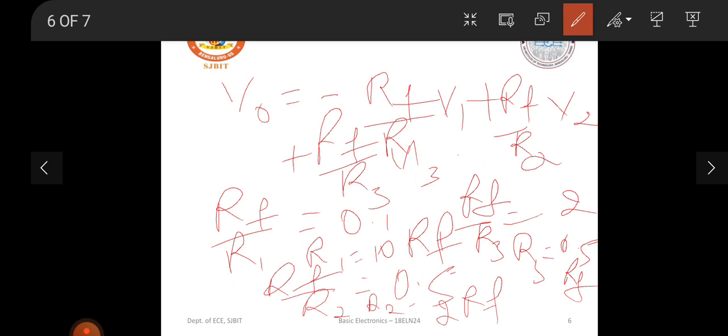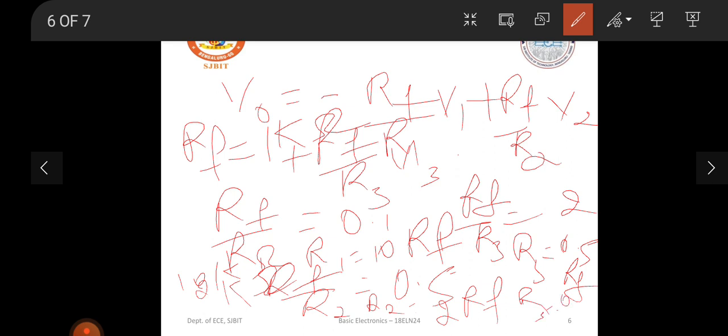Now if I assume my RF value as 1 kilo ohm, then R1 is equal to 10 kilo ohm, R2 is equal to 2 kilo ohm, and R3 is equal to 0.5 into 1 kilo ohm, which is equal to 0.5 kilo ohm.